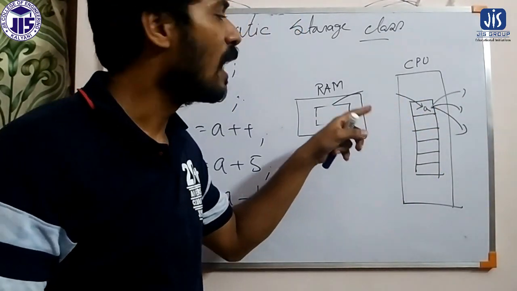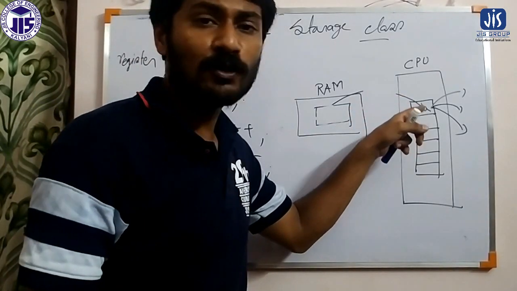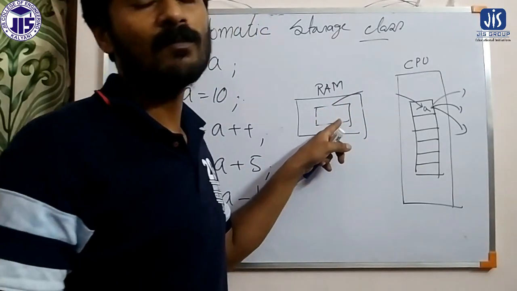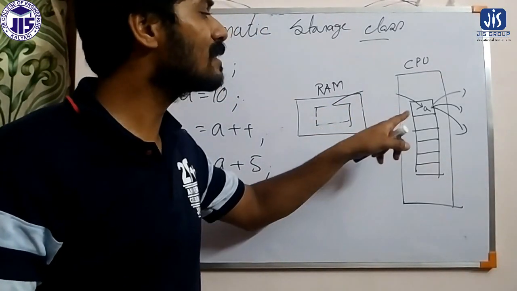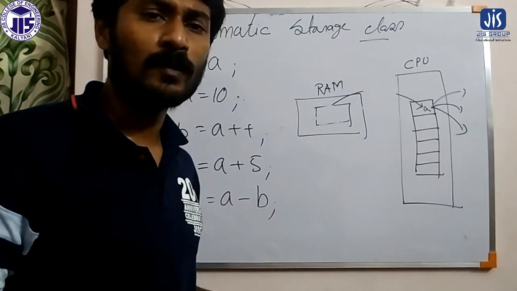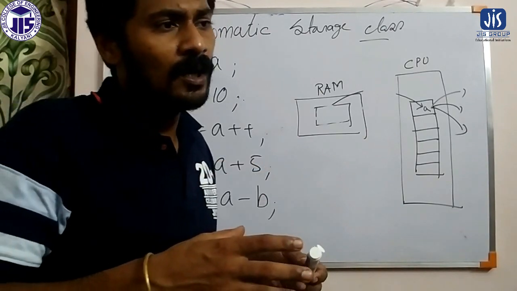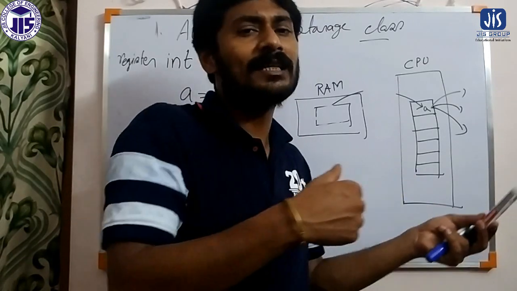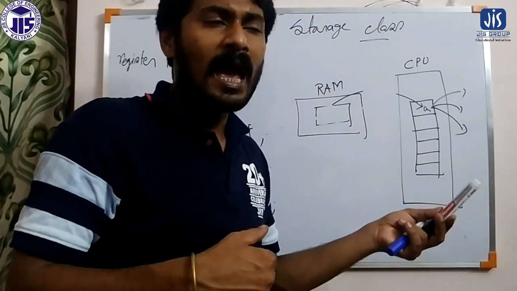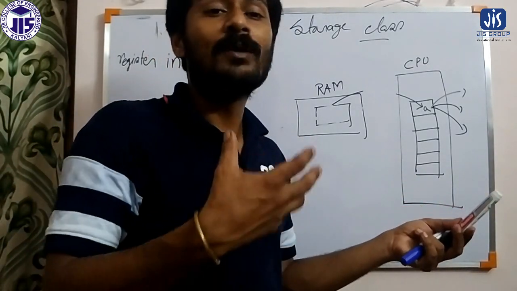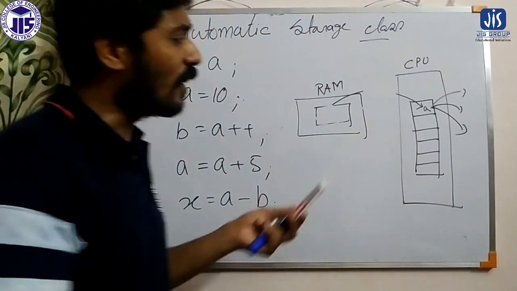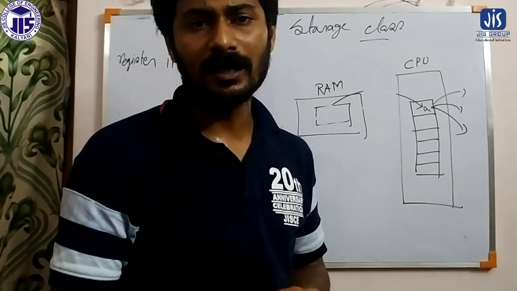The access time for the register is less than the access time of the RAM, or you can say the register is faster than the RAM. So if we perform any operation on a faster memory, then obviously the execution time will be less and the performance of the program will increase. So that's why we use the register storage class, but the number of registers in the CPU is limited.